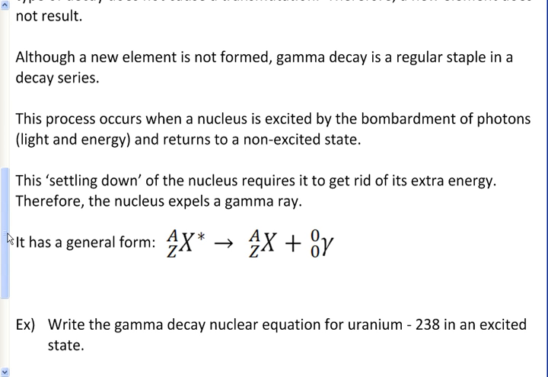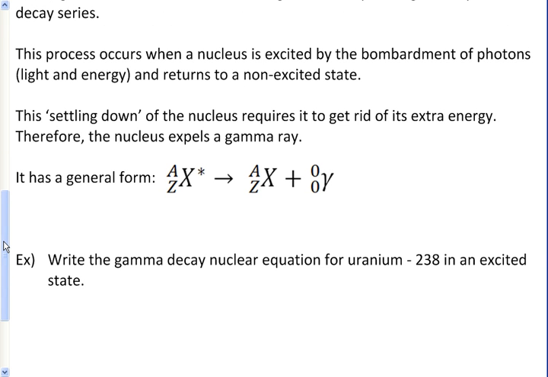So a lot of times a nucleus will get hit by energy like light, X-rays. Well, X-rays are pretty intense, but maybe ultraviolet rays or something like that, high energy light that will excite the nucleus, and the nucleus doesn't really know what to do with that extra energy. So what eventually happens is it just throws it outwards as gamma radiation.